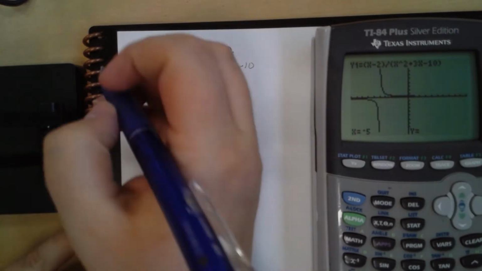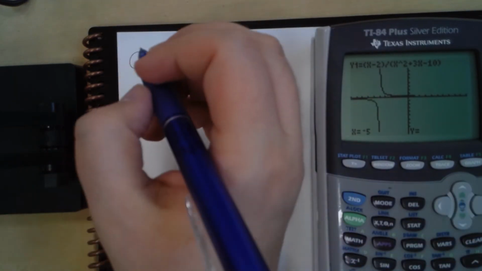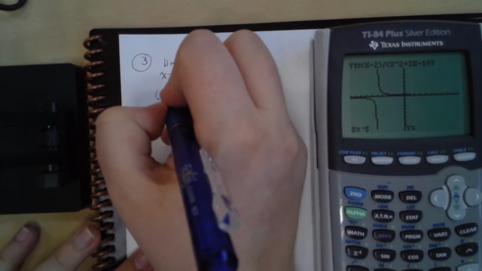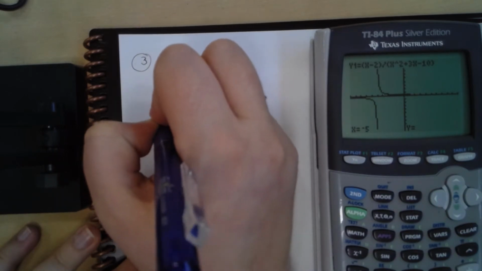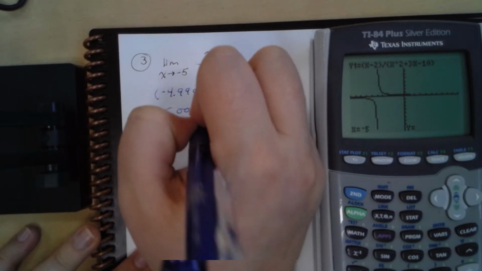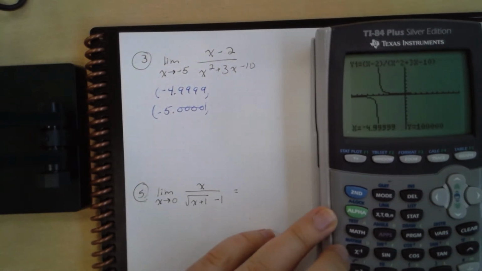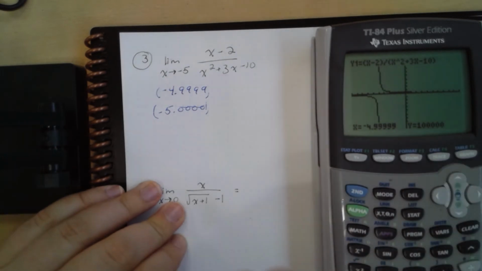So again, I go numerically. I'm going to go one to the right, so I'll have negative 4.9999999 and negative 5.000001. So negative 4.9999, I get basically 100,000.